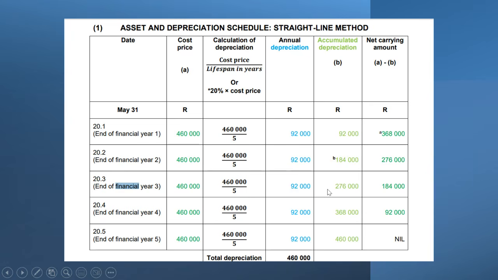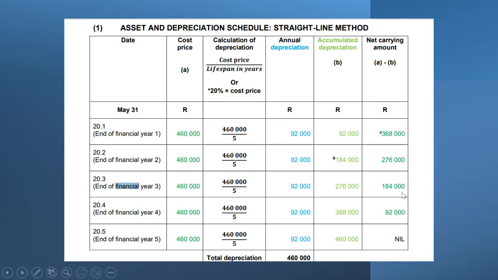We already have 184,000 in our accumulated depreciation, so we need to add this 92,000 rand for year three, which then gives us an accumulated depreciation of 276,000. Then for us to calculate the net carrying amount at the end of year three, you will say cost price, which is 460,000, less the accumulated depreciation of 276,000.